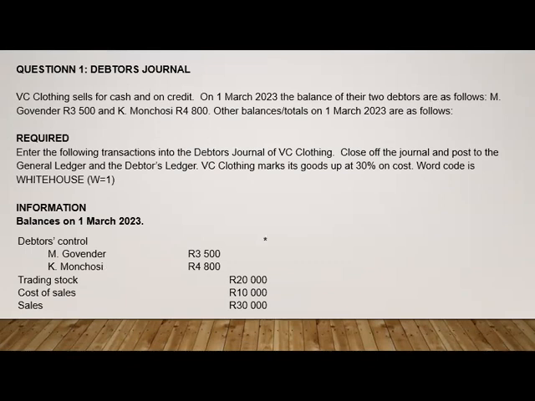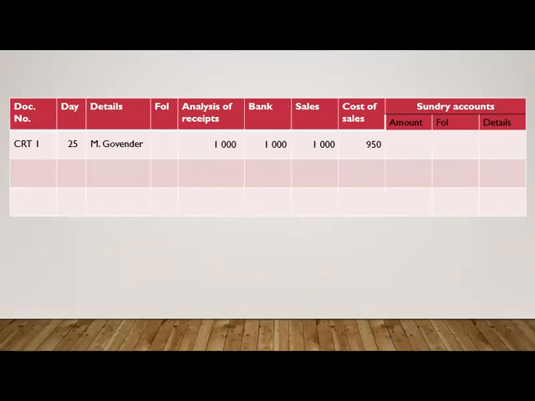They didn't say anything about the markup or cost of sales. Therefore, I'm going to use this markup, which is 30% on cost, okay? They didn't give me a cost code, so the only way I can find cost of sales is by using that markup percentage. And how am I going to use that markup percentage? Please note that sales will be at 130 because the markup is 30%. You just add 30 to 100, and cost of sales will be 100.